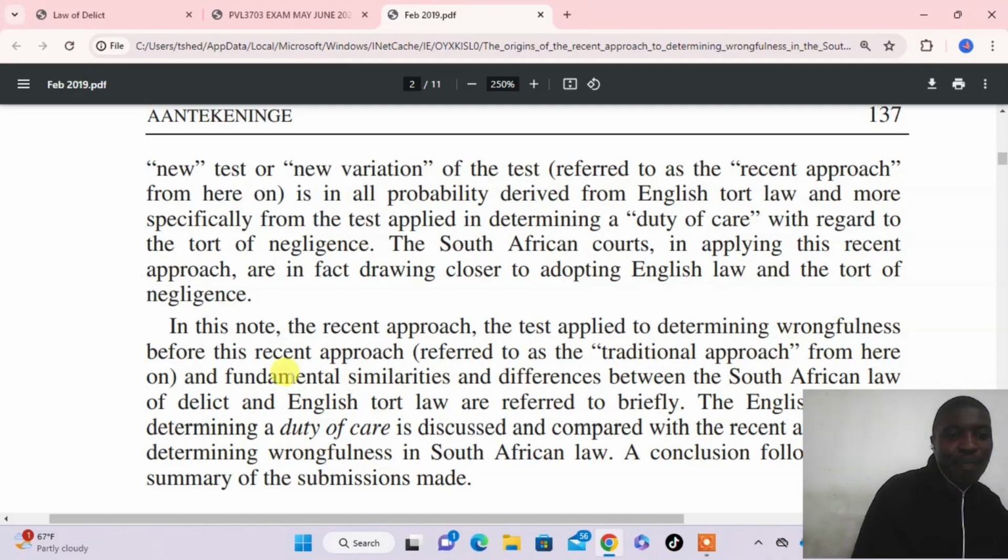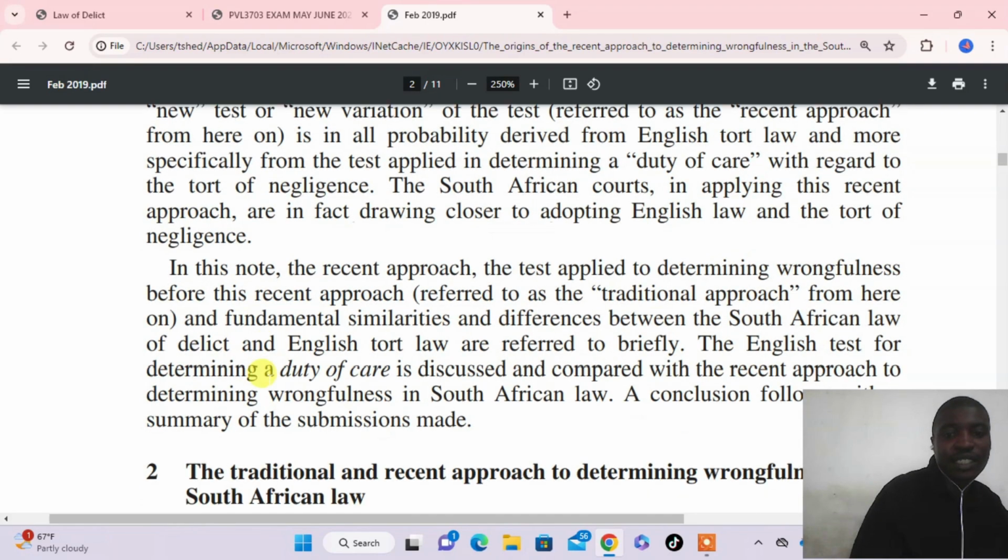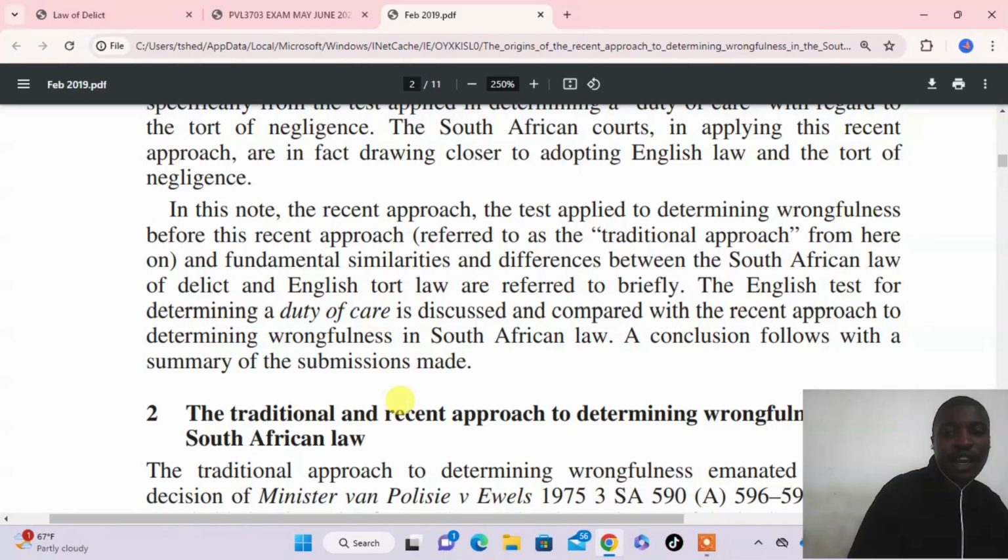Fundamental similarities and differences between the South African law of delict and English tort law are referred to briefly. The English test for determining a duty of care is discussed and compared with the recent approach to determining wrongfulness in South Africa, and the conclusion will follow.